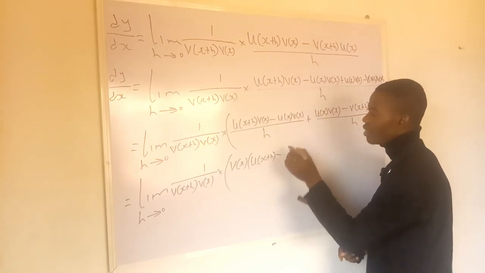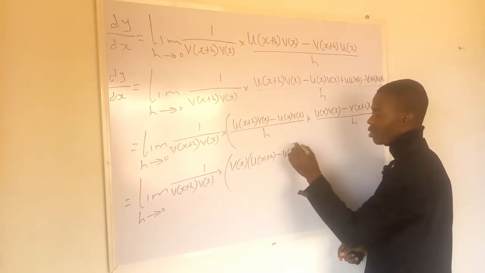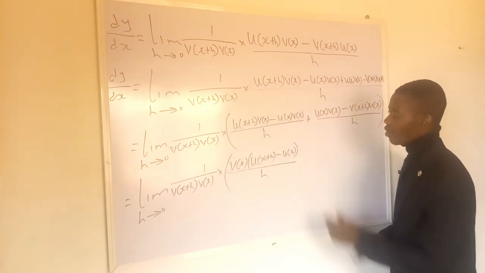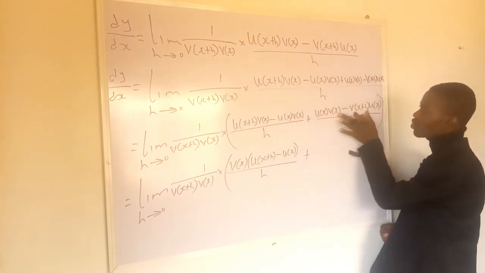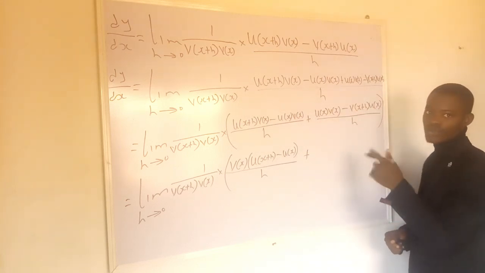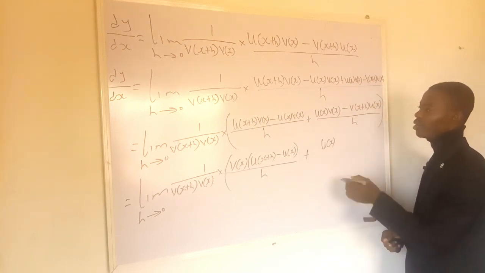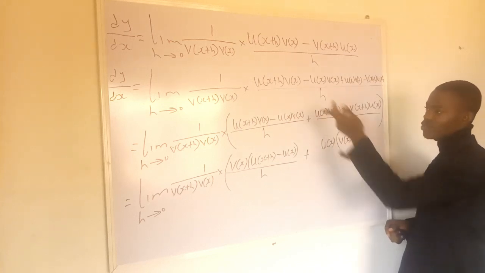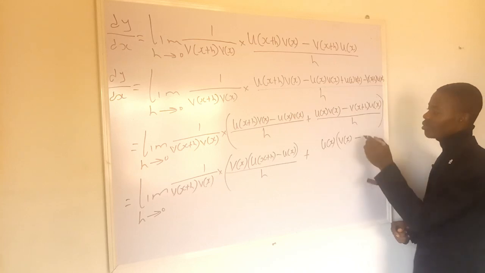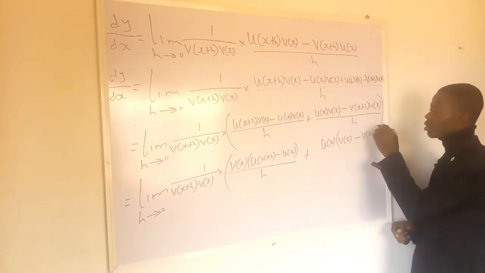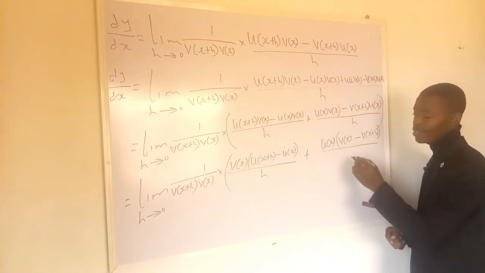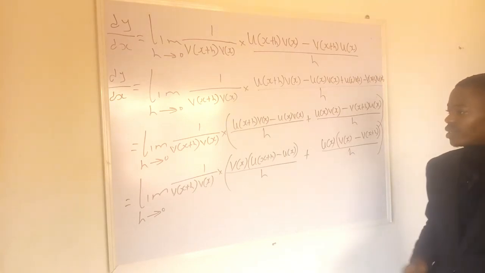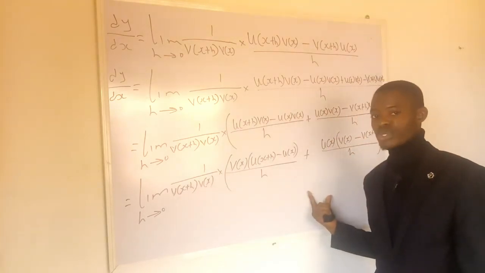Okay, then we have the sign minus the u of x. And close the small bracket and everything divided by h. Perfect. Now plus, what is common right here? u of x is here, also u of x is here, you can bring it out as well. So we have u of x, then the big bracket, little small bracket, okay? We have left over v of x, u of x has been taken away. The minus v of x plus h, and close this bracket, and everything entirely divided by h, and the big bracket again.